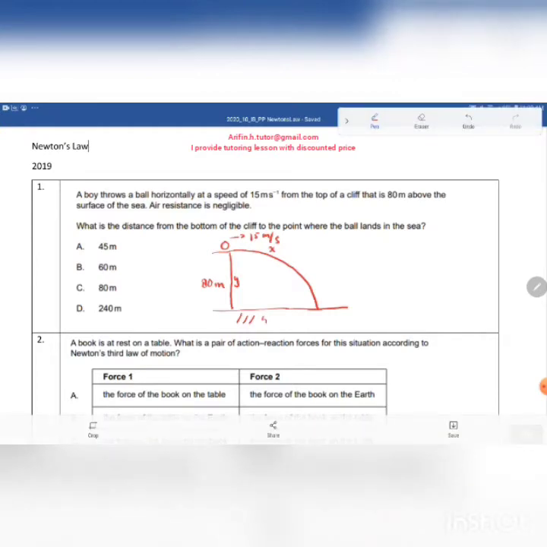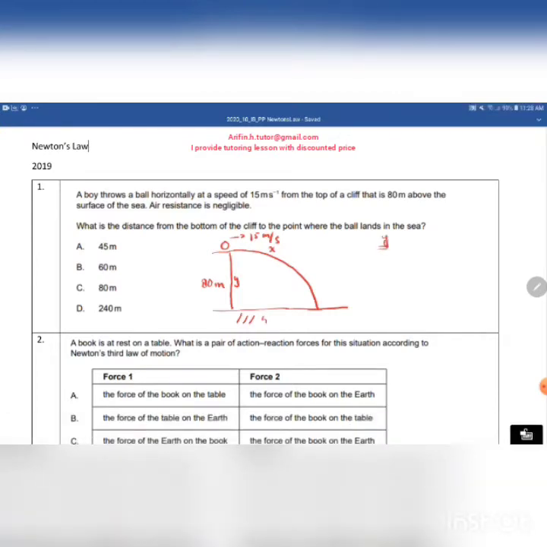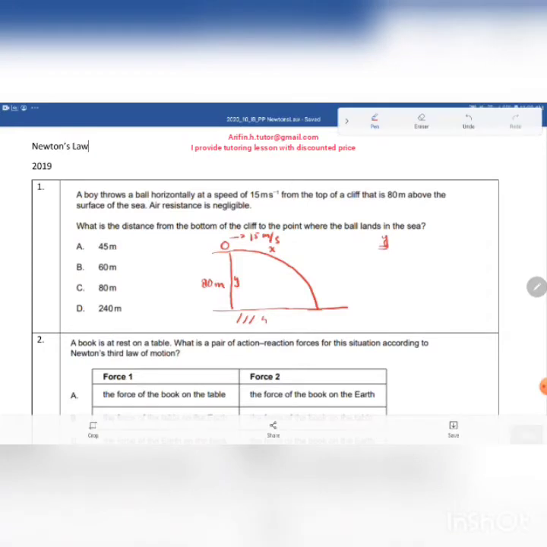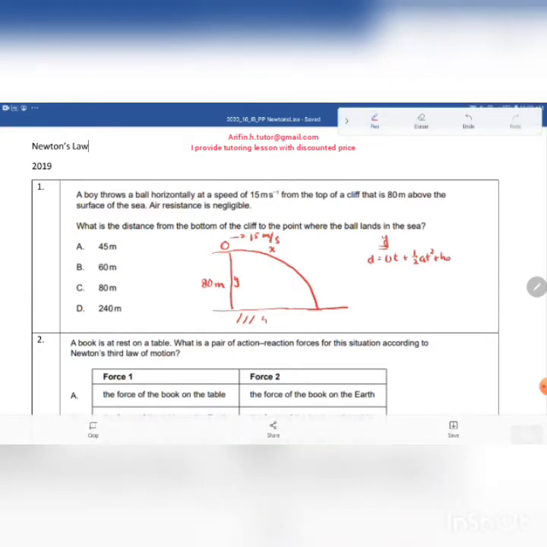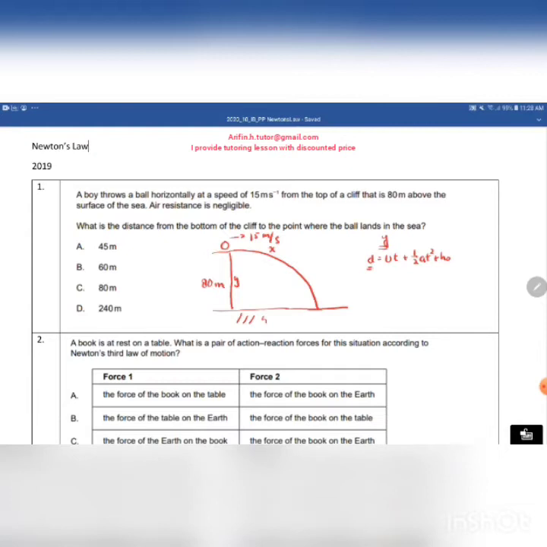Now just take a look at the y-axis. In the y-axis, we will use the formula distance equal to u multiplied with t plus 1/2 at squared, and then plus h0. The position d is 0 because the ball lands in the sea.